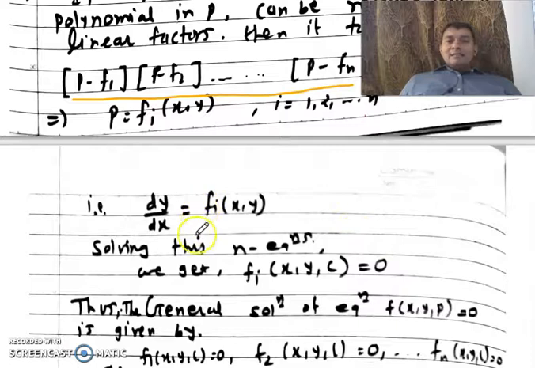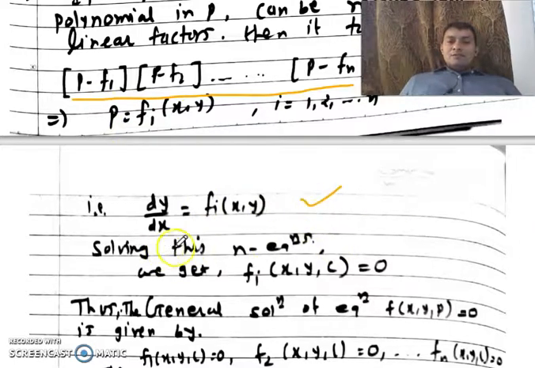In that case dy/dx is going to be fi(x, y), because p is dy/dx. Now this is the standard form, and solving these n equations we get Fi(x, y, c) equal to 0. If we assume here that i is equal to 1, it is going to be f1, so we can say F1(x, y, c) is equal to 0 and that will be the solution.